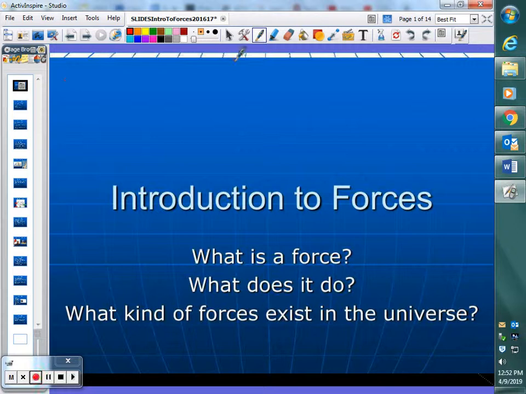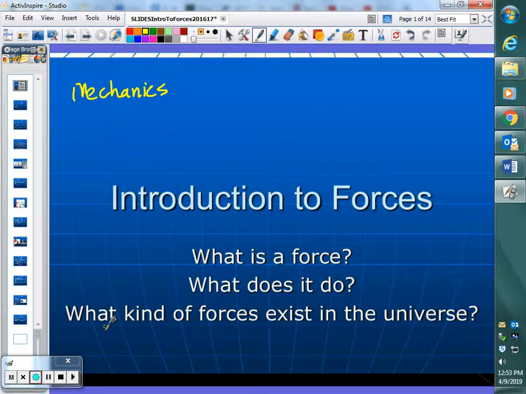So, in our last unit, we talked about mechanics, and we said that mechanics is our study of motion. And when we are describing the motion of an object, we talked about 4 questions that we want to answer in order to accurately describe that motion.